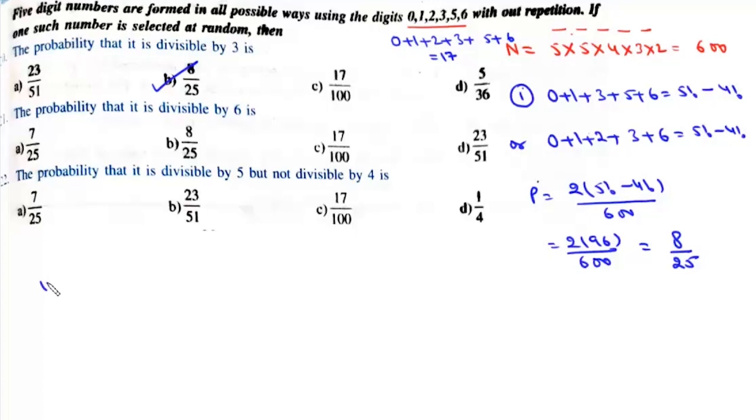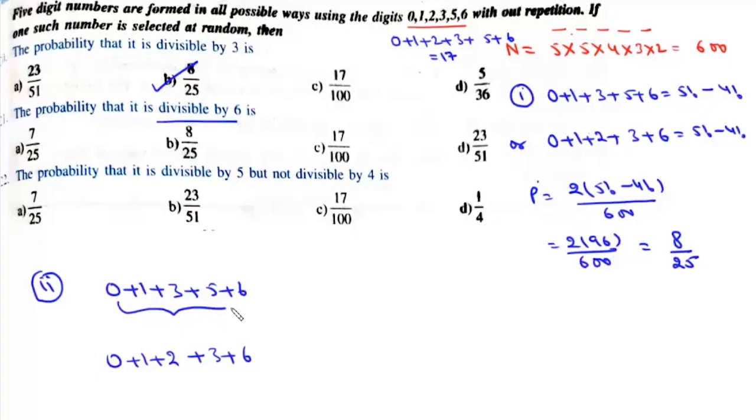Now the second one is find the probability that it is divisible by 6. So for this, we know that the number is divisible by 3 if it is formed with either 0, 1, 3, 5 or 6, or with 0, 1, 2, 3 or 6. Now from these digits we have to form an even number.